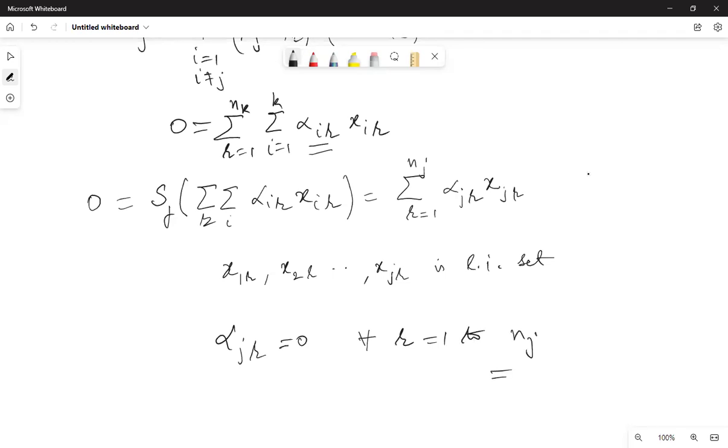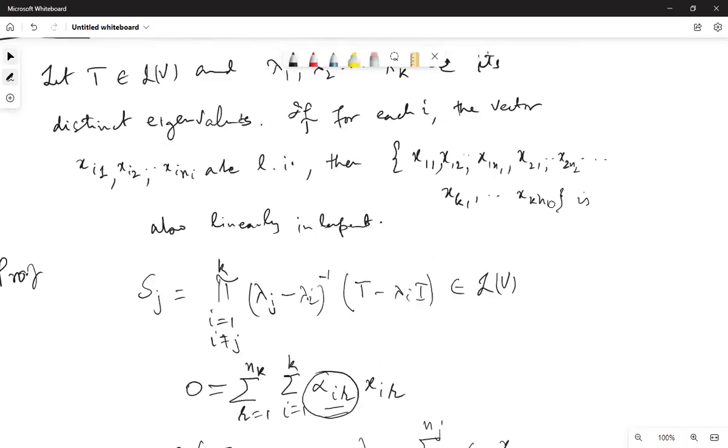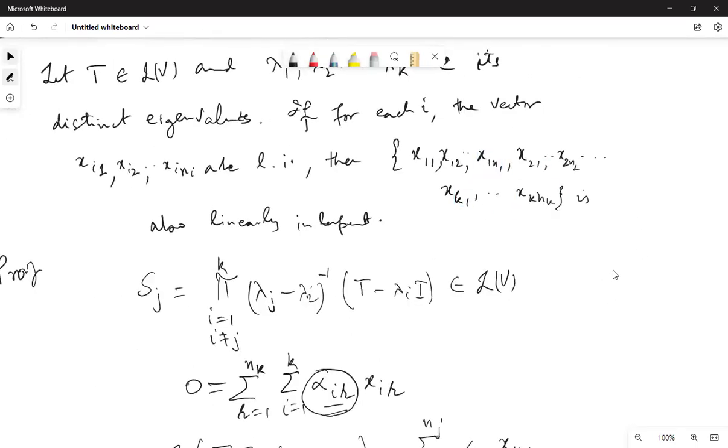And this you can apply for all j's, and that means all alpha irs are zeros. And that is the requirement, what I said, that this set is linearly independent.